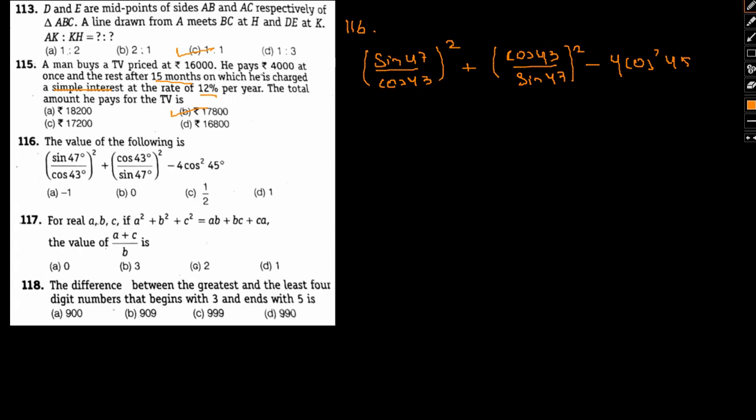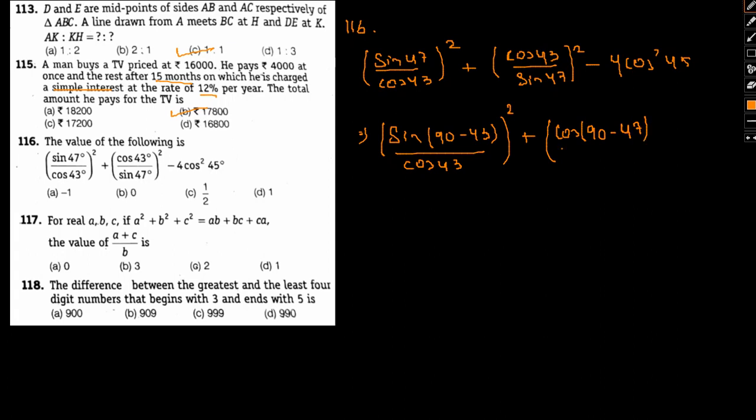So this thing we can write as (sine of 90 minus 43 by cos 43) whole square plus (cos of 90 minus 47 by sine 47) whole square minus 4 into cos 45, which is 1 by root 2, so that is 1 by 2.